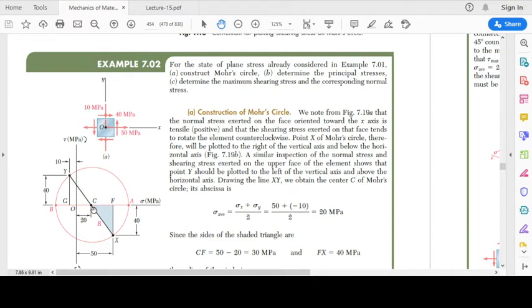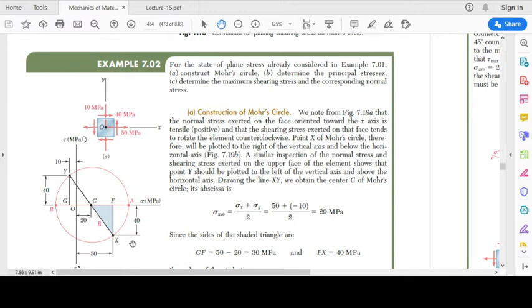We join these 2 points, and wherever the line xy intersects the horizontal axis, we keep that point as the center and draw a circle through points x and y. So this is the Mohr circle, and in this we construct the Mohr circle and determine the principal stresses and the maximum shearing stress and the corresponding normal stress.